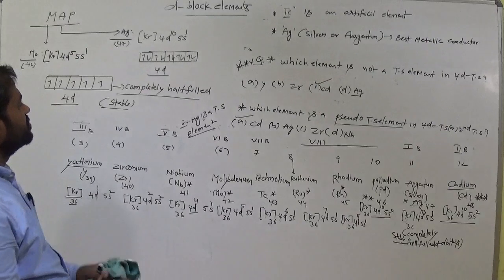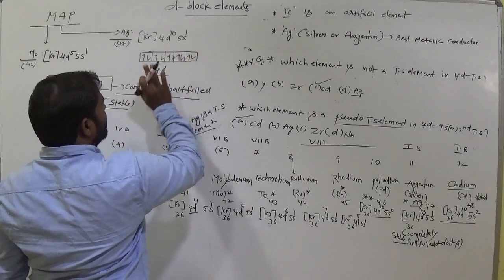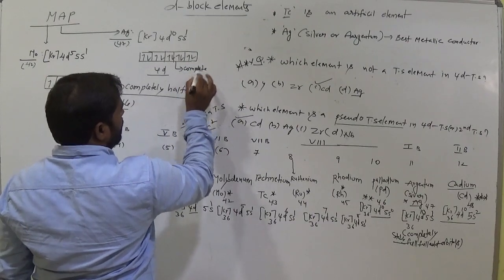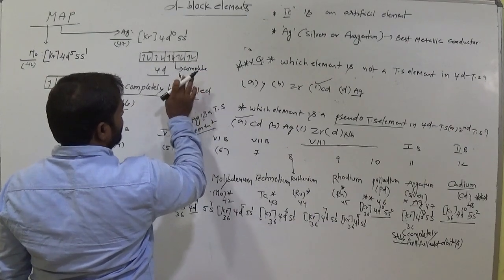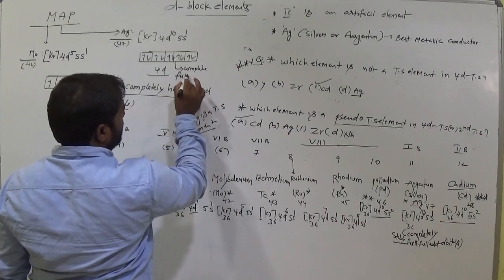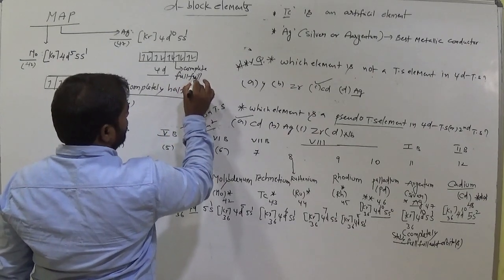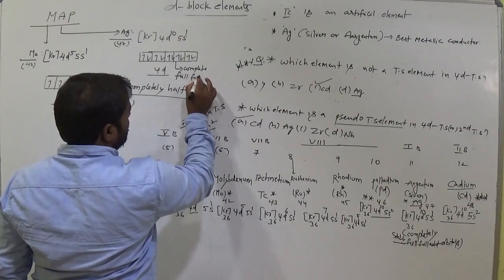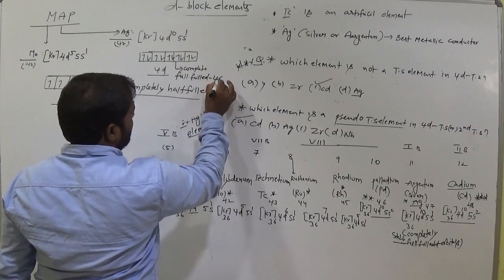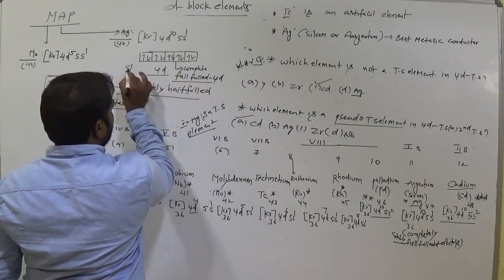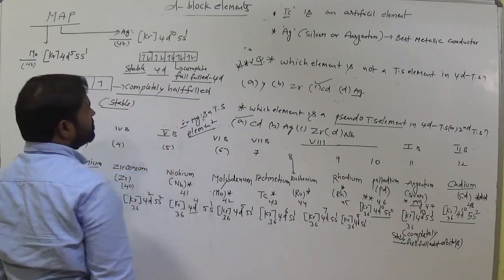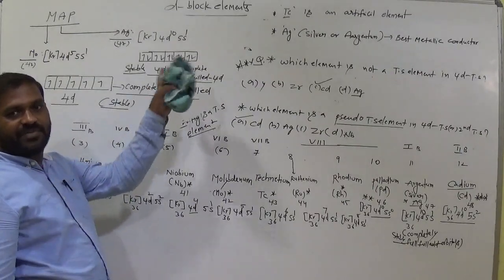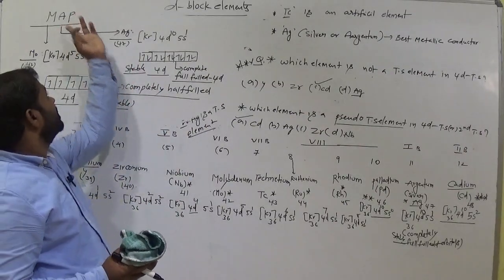So completely fulfilled, am I right? Completely fulfilled 4d. So it is highly stable like molybdenum also. Clear? Here half filled, there completely fulfilled. Half filled or completely fulfilled, both are stable.